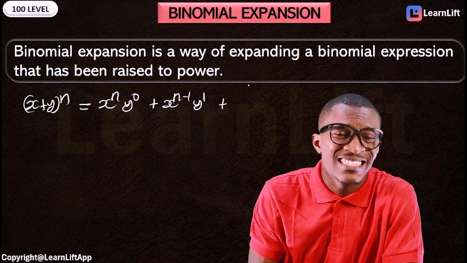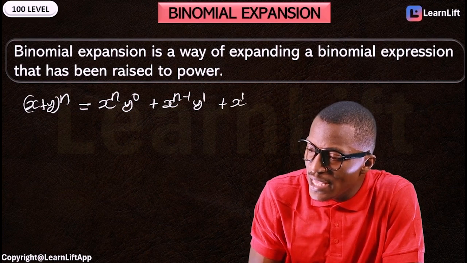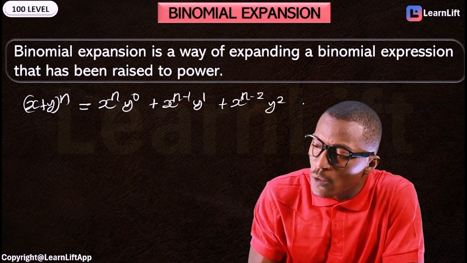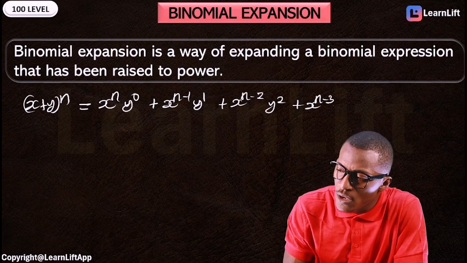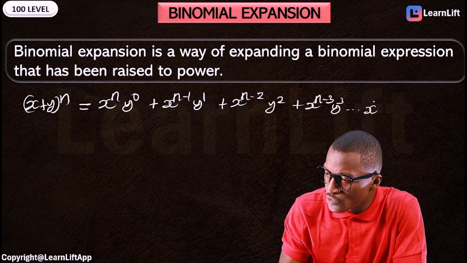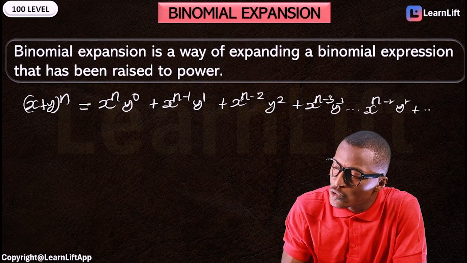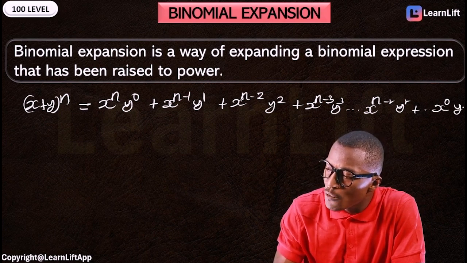As the power of x decreases, the power of y increases. x raised to power n minus 2, you can see that y will be raised to power 2, plus x raised to power n minus 3, y raised to power 3, dot dot, x raised to power n minus r, y raised to power r, plus dot dot, x raised to power 0, y raised to power what?